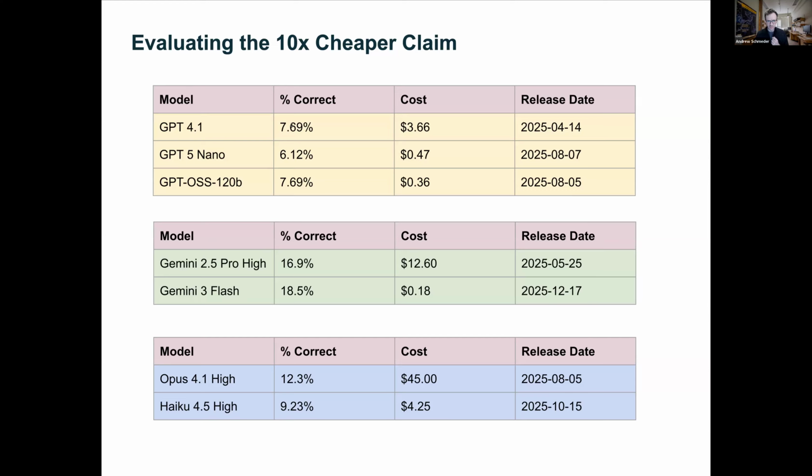GPT-4.1 had a 7% correctness on this test, and nowadays you can get the same performance from a model that's 10 times cheaper.